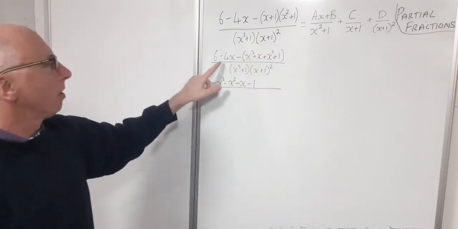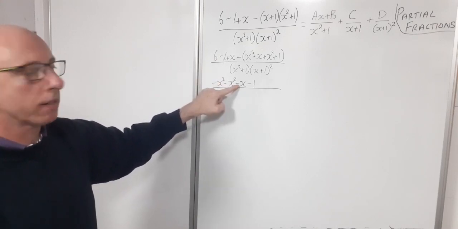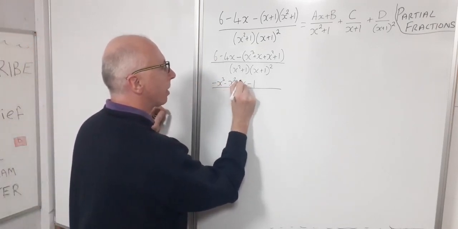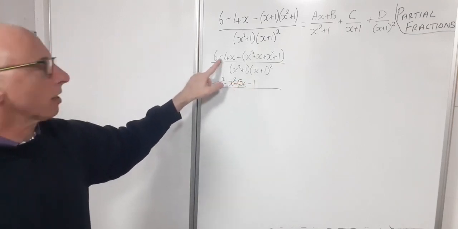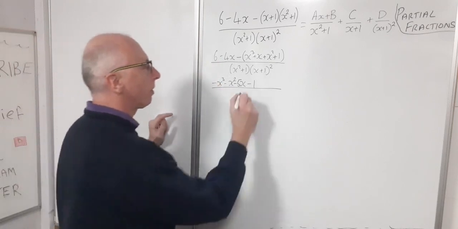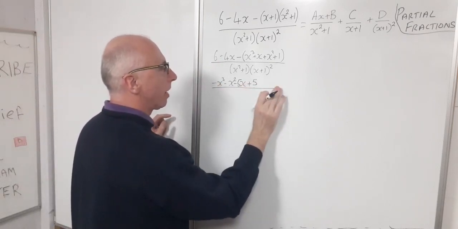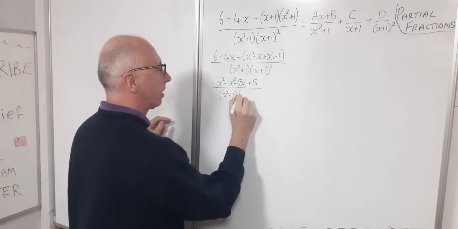Now here we've got minus 4x, so minus 4x and minus x, that will give us minus 5x. So write that as minus 5x, and then minus 1 plus 6, that will give us plus 5. So that would take care of all those terms there. Okay, so now let's repeat again our denominator.